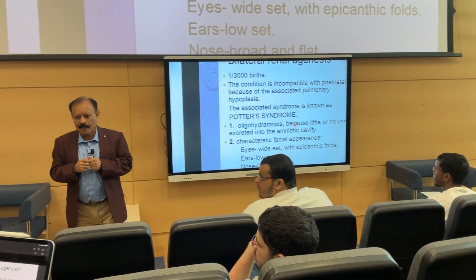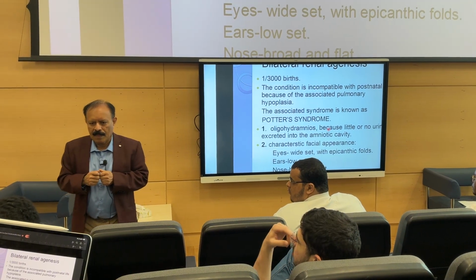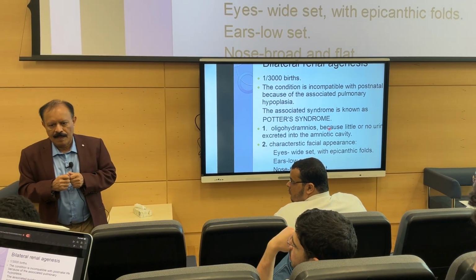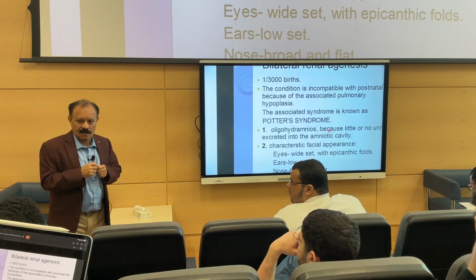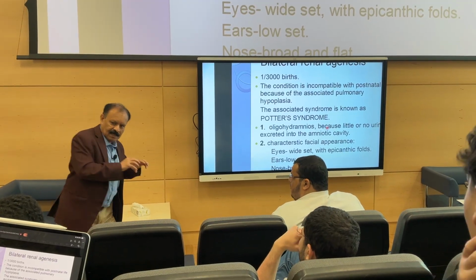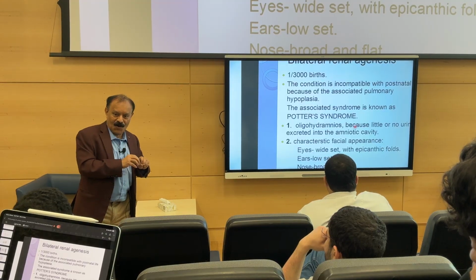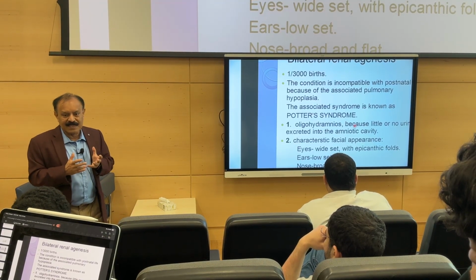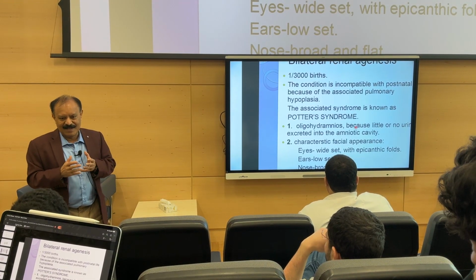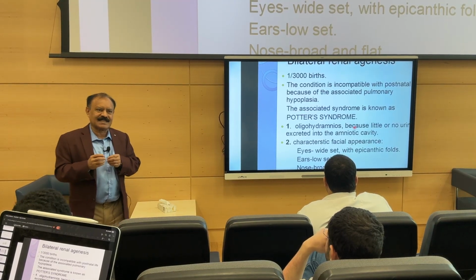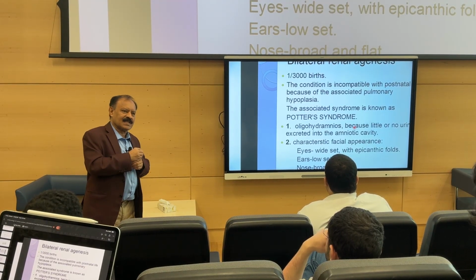Does producing too little urine mean the kidney is not produced, or only the lung? No, the other way around. Because there is no kidney, there is no urine. Not that because of no urine, there is no kidney. Urine comes from where? The kidney. Not the other way around. You have no urine; he's asking whether less urine means no kidney.